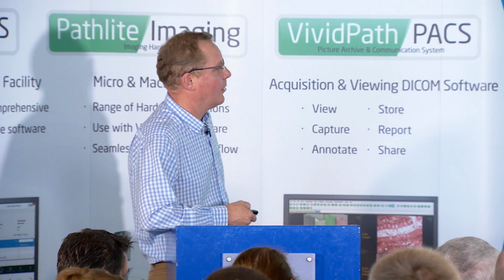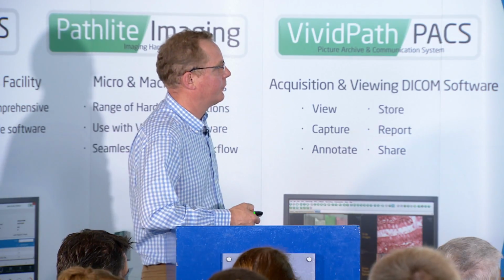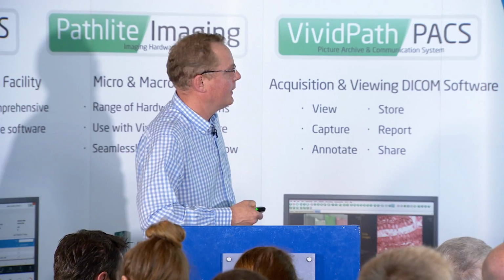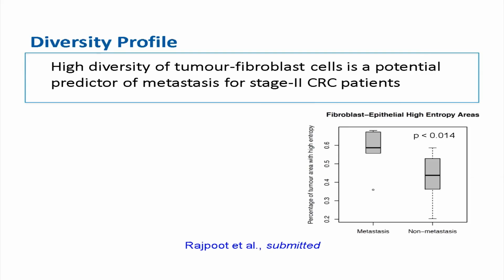In this study, what has come out as quite a strong indicator for progression has been the way that the fibroblastic cells are associated with the tumour islands. So we've identified some motifs, high diversity of these fibroblastic cells related to the tumour, which has a significant association with metastasis later on.